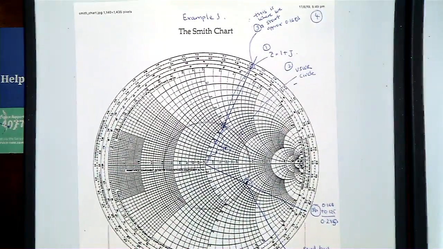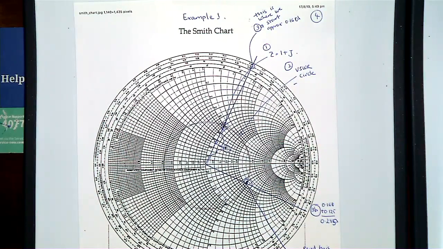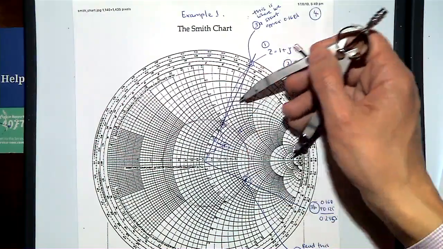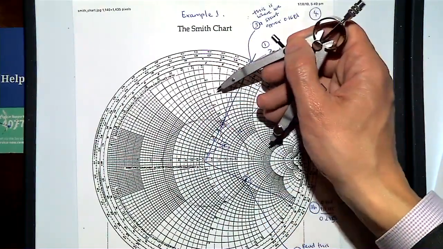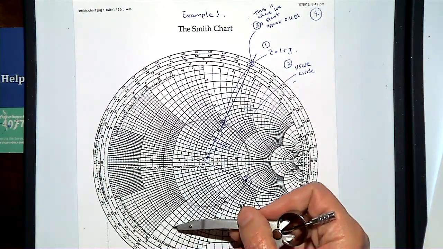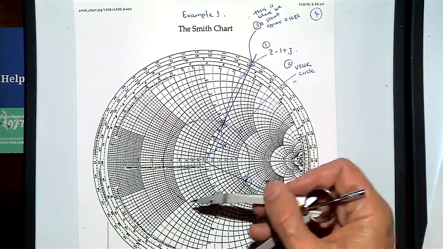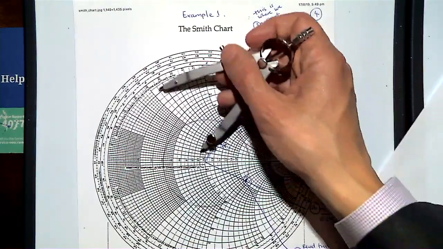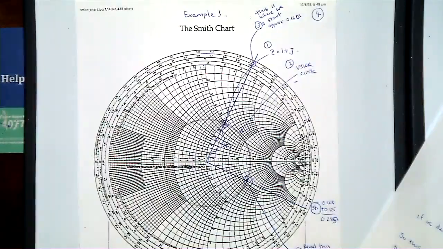Okay? So now let's look at this Smith chart again, and we'll go through some examples so that you can start to internalise and appreciate what a Smith chart is. The other thing I wanted to point out is that we've gone through and said these are the circles of constant resistance, and these are the circles of constant susceptance or reactance.